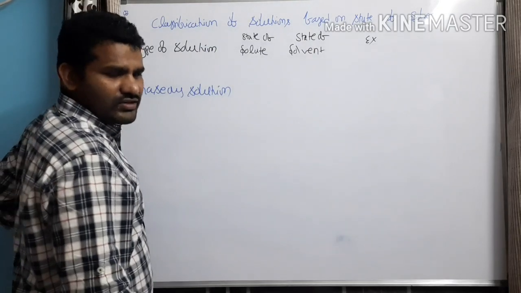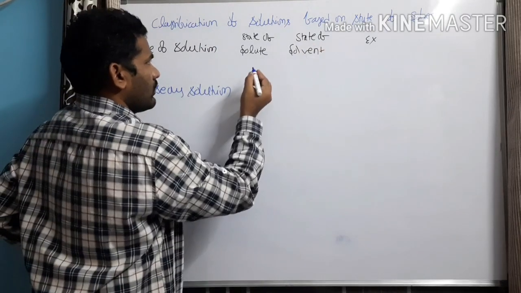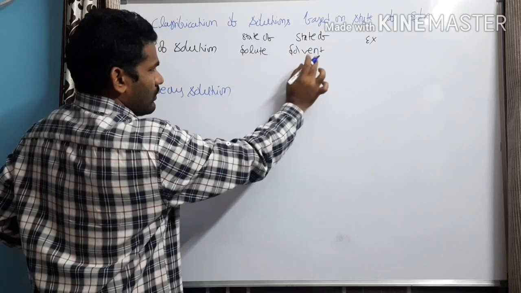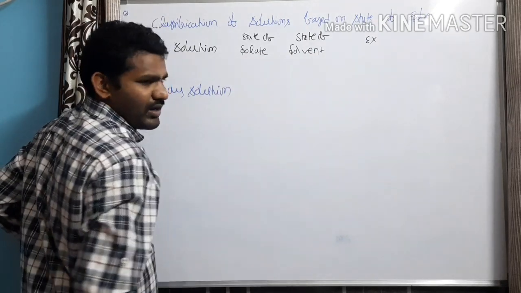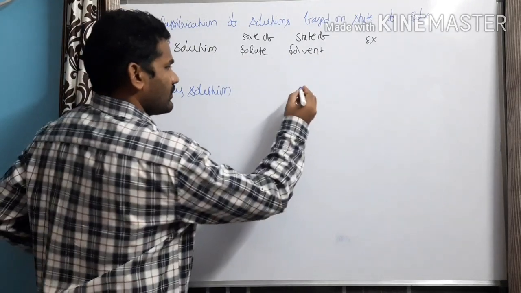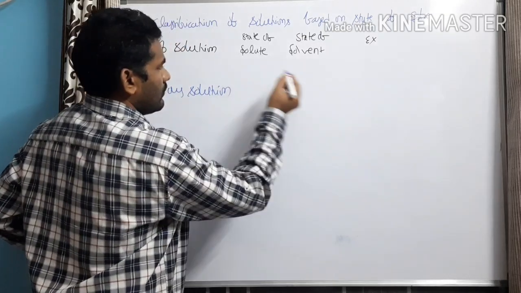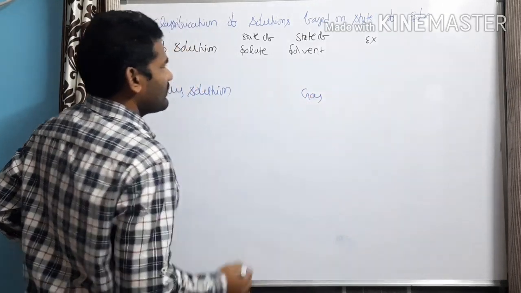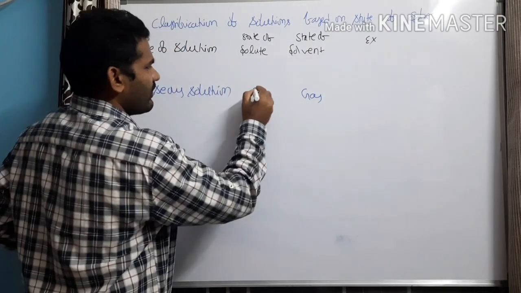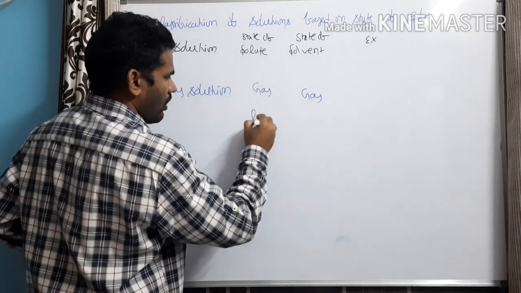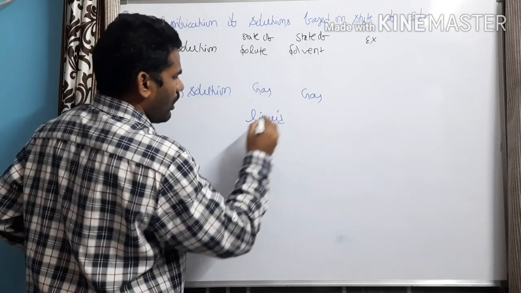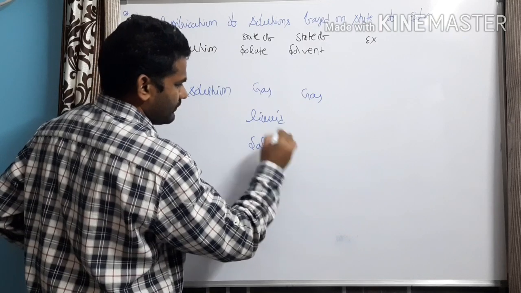In case of gaseous solutions, the state of solvent remains as it is, that is gas. But the state of solute may vary. Either it may be gas, or it may be liquid, or it may be solid.